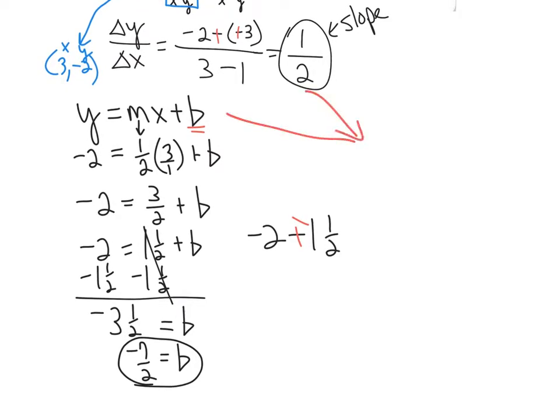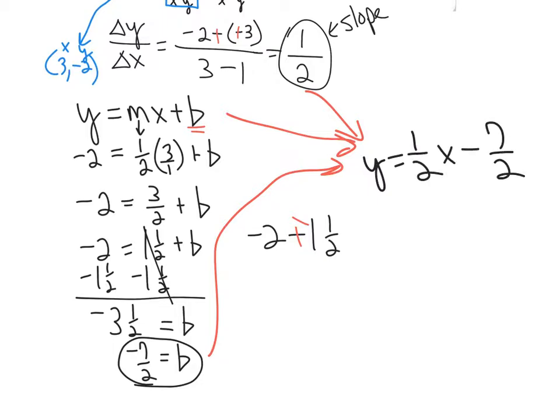So kind of just taking these pieces together, then our equation we could say is y equals 1/2 x minus 7/2, or you could say 1/2 x plus -7/2 if you wanted. Again, if you have -3.5, that works.